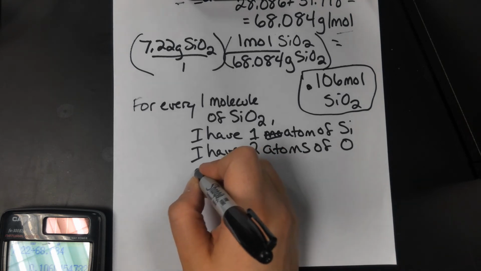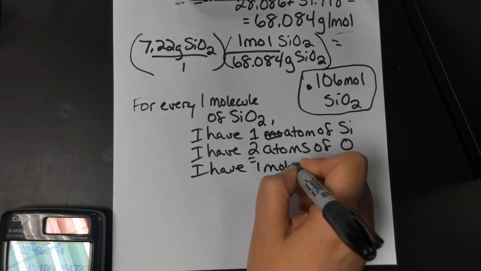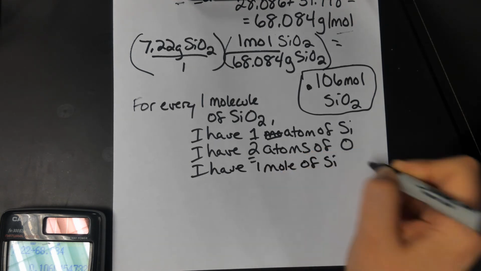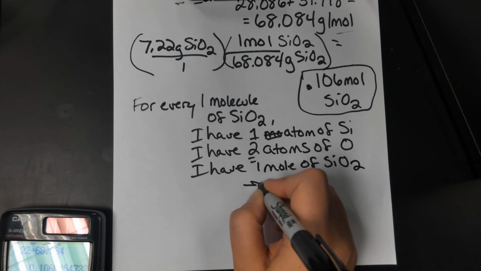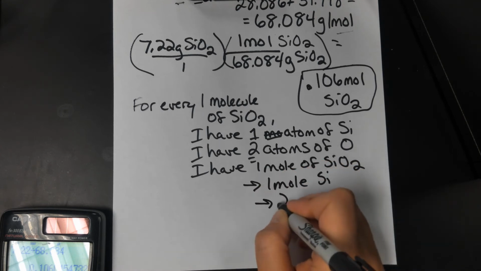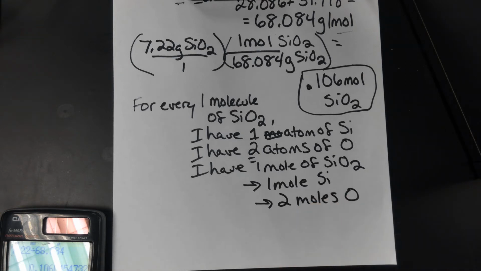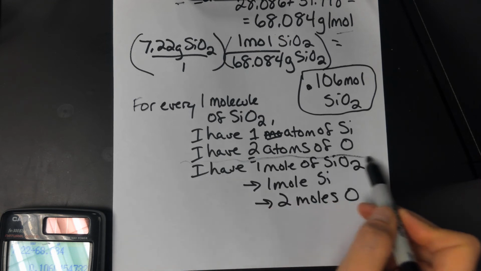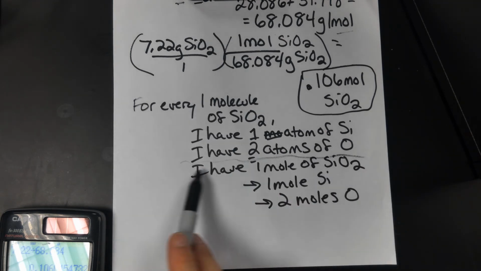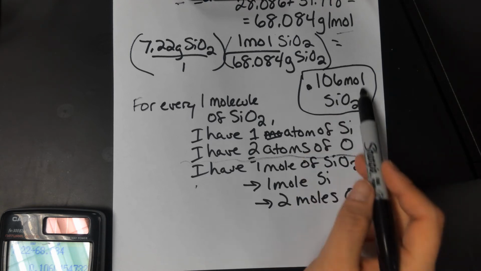So for 1 mole of SiO2, you will have 1 mole of Si, and you will have 2 moles of O. So let's pretend we have 1 mole.